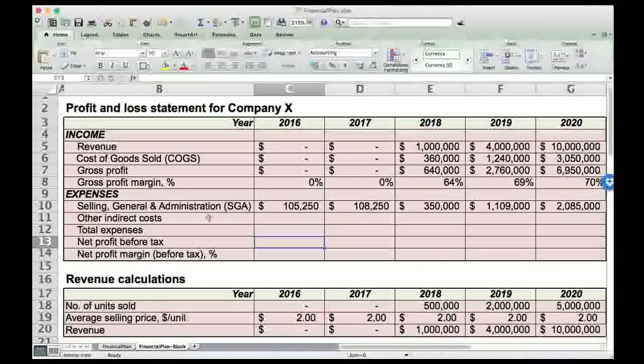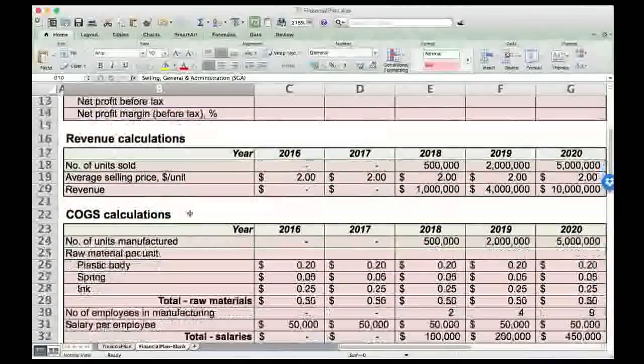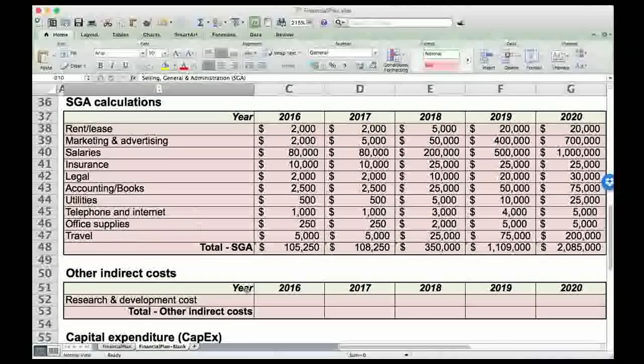Okay, now let's get into other indirect costs. So for this company, the other indirect cost is typically the R&D cost. So they have to develop the product.